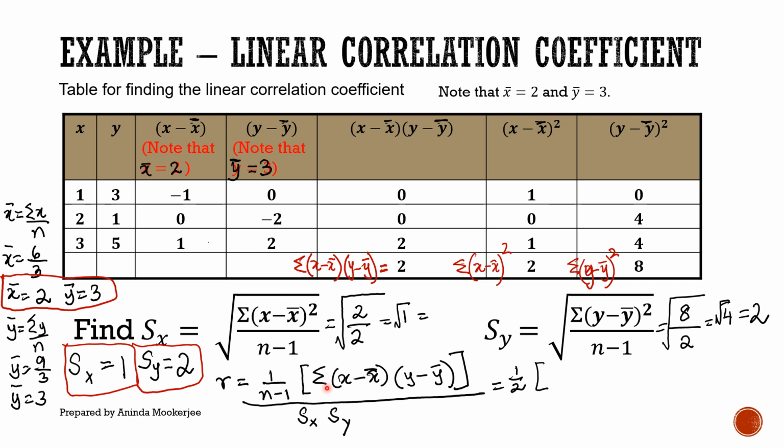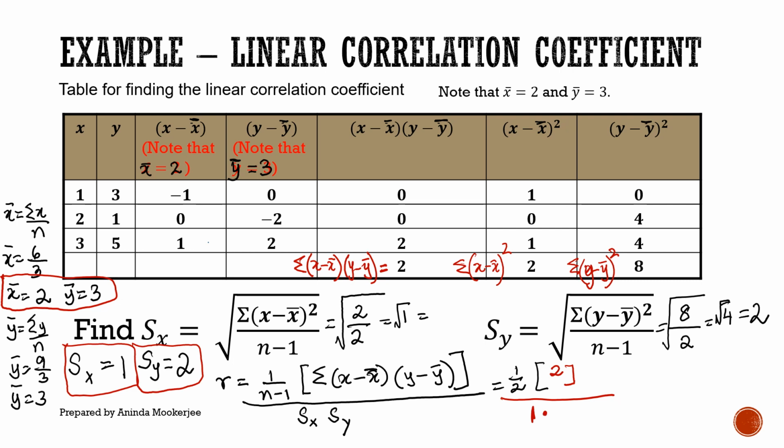All right, so sigma x minus x bar times y minus y bar is this value here in this fifth column, this column here. So this whole bracket is going to be replaced by 2. And then in the denominator, we are going to have s sub x, which is a 1, multiplied by s sub y, which is a 2.